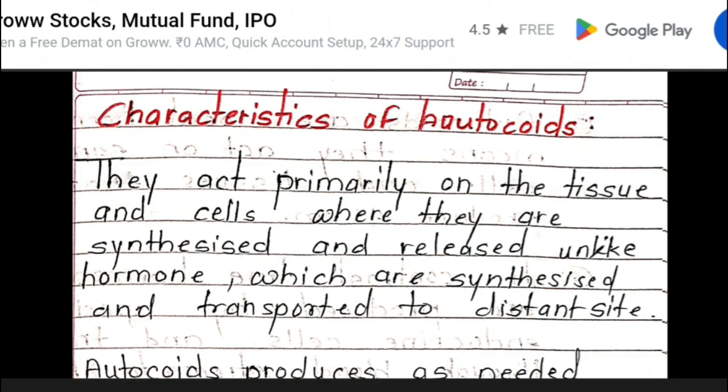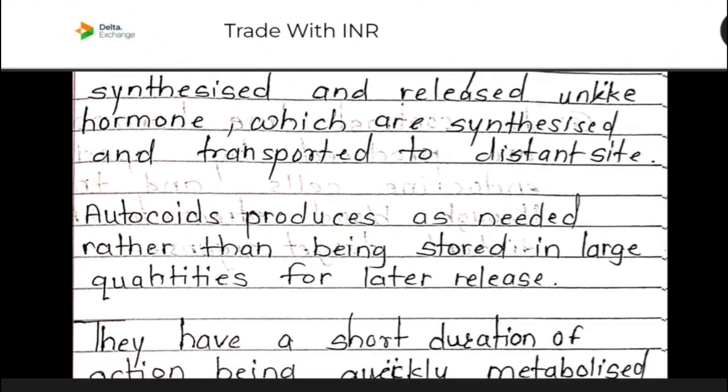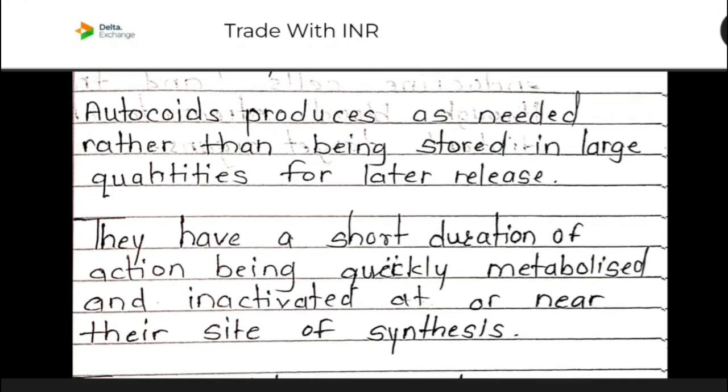Characteristics of autocoids: they act primarily on the tissue and cells where they are synthesized and released, unlike hormones, which are synthesized and transported to distant sites. Autocoids are produced as needed rather than being stored in large quantities for later release.